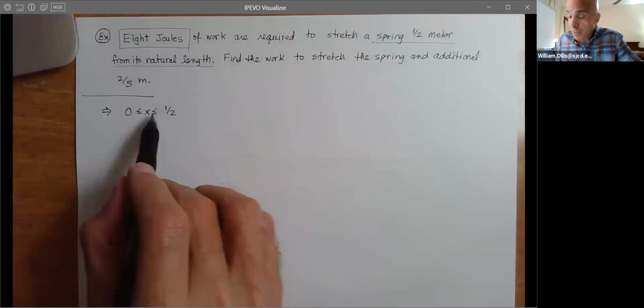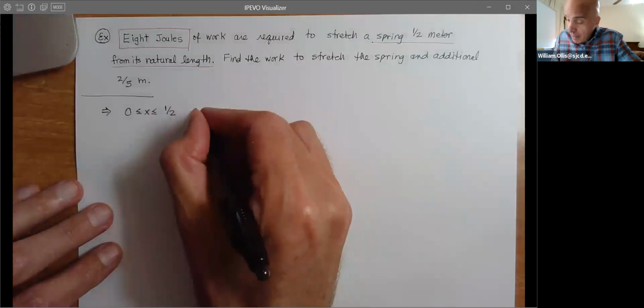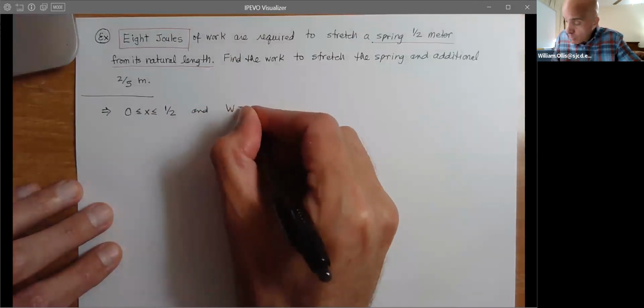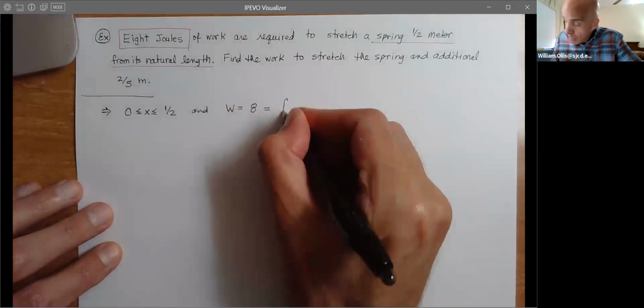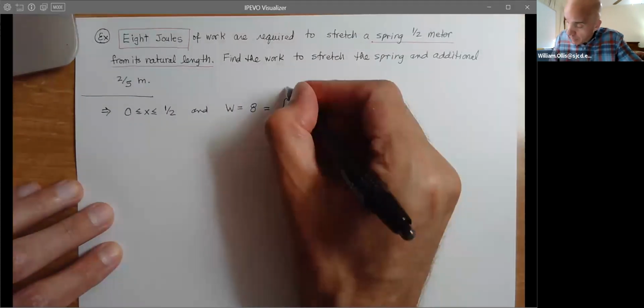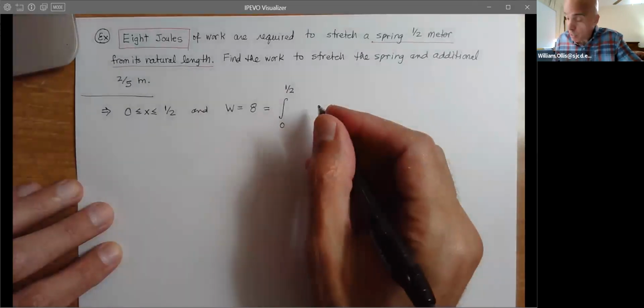So now we've got the interval of integration, and we have work equals 8 joules. And we know that that'll be the integral from 0 to 1/2 of the variable force multiplied by the infinitesimal distance.